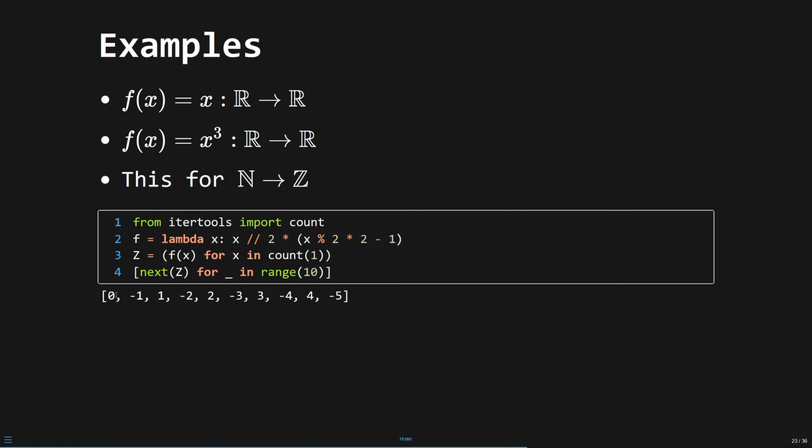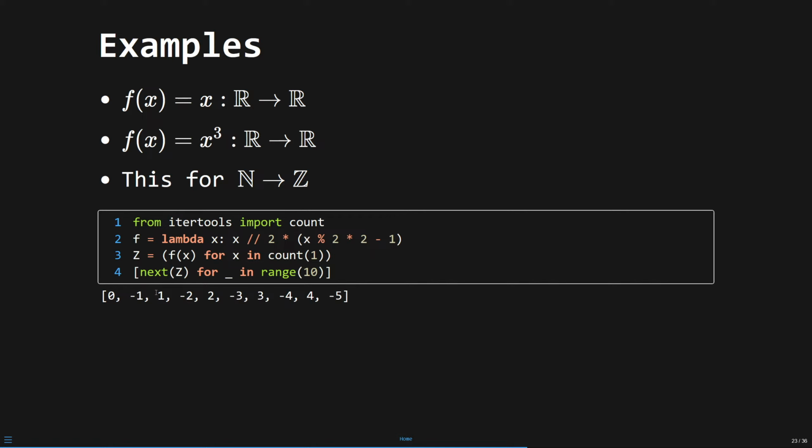So we take 1. 1 integer division 2 is 0, doesn't matter what this thing is. We take 2: 2 integer division 2 is 1, 2 mod 2 is 0, this is 0, this is negative 1, so we take 1 times negative 1 and get negative 1.